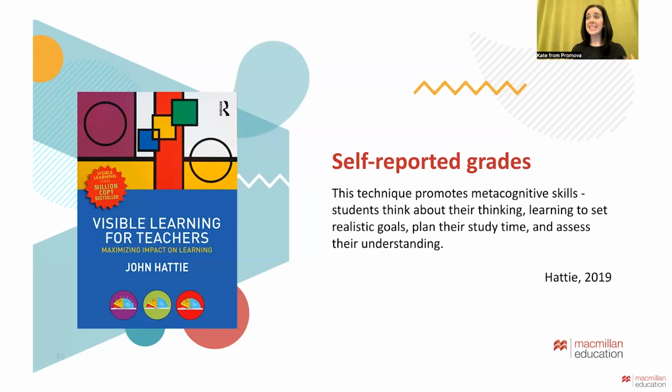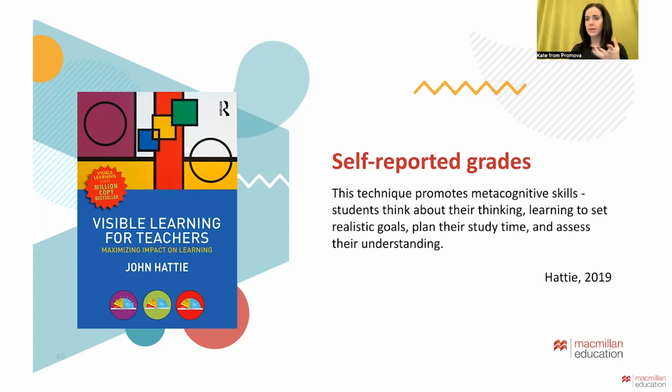And he studied the effect that those things have on learning, as in if we give homework, does it help our students progress significantly or not very significantly? And he has discovered that the technique called self-reported grades is one of the most powerful tools that we can use to help our students progress.